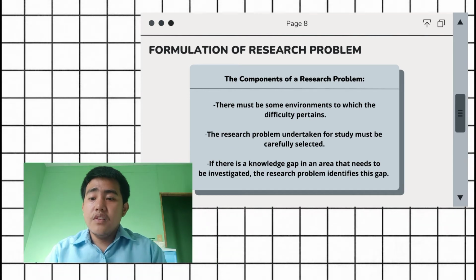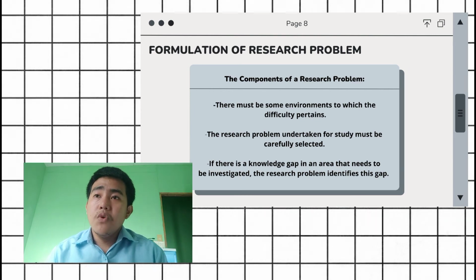Just like that. Fifth is the research problem undertaken for study must be carefully selected. Yun nga, yung problem, hindi lang basta-basta pinipili para lang isolve yan. Pipiliin natin siya o mamimili tayo na maayos sa mga problem na siyang kaya natin ma-solve with our capabilities.